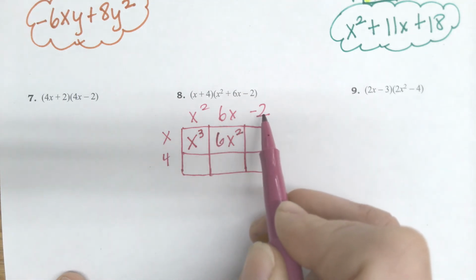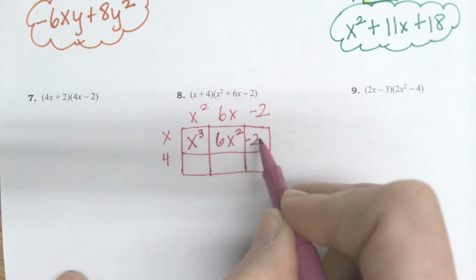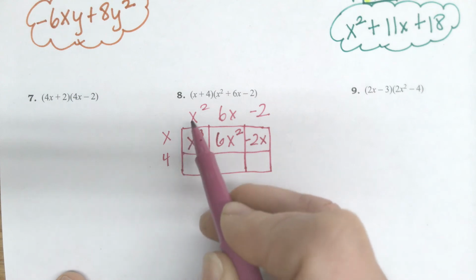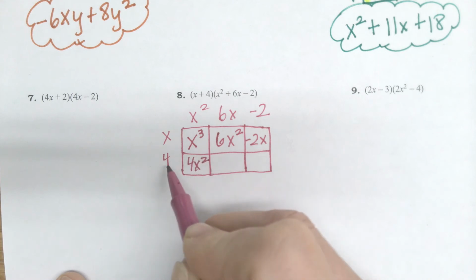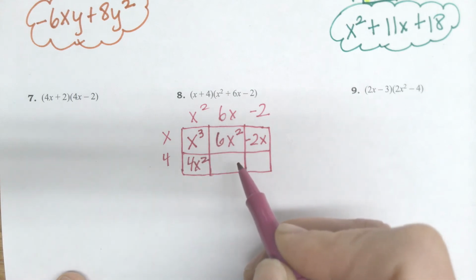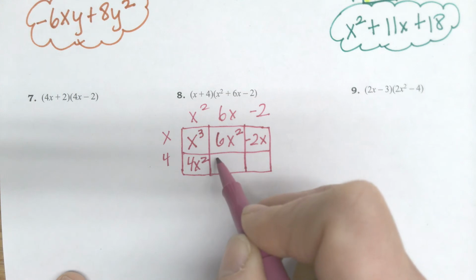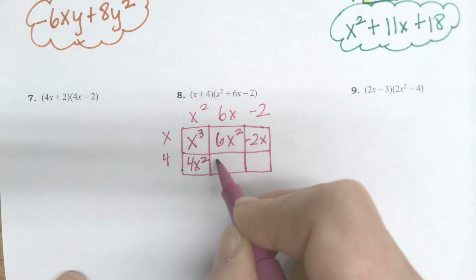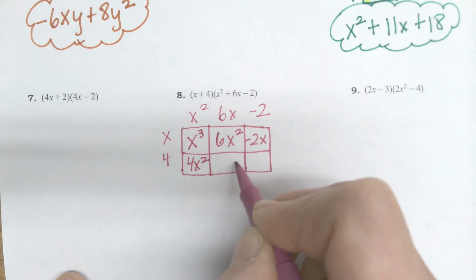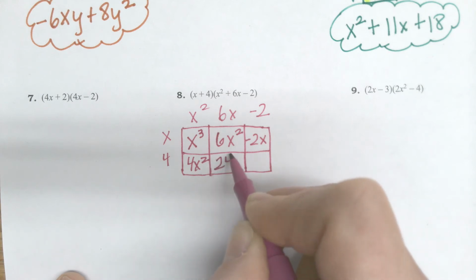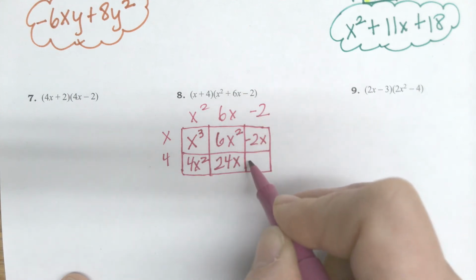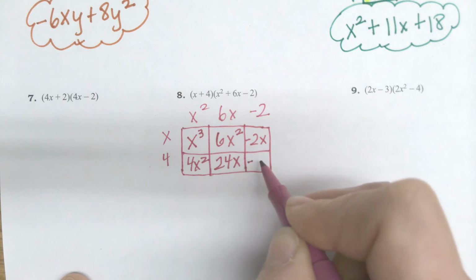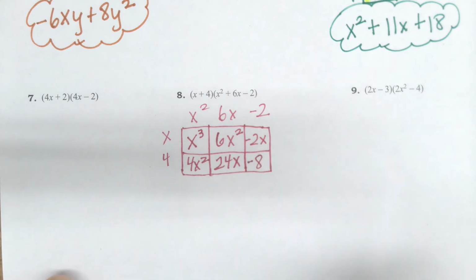X times negative 2 is negative 2x. 4 times x squared is 4x squared. 4 times 6x: 4 times 6 is 24x. And 4 times negative 2 is negative 8.